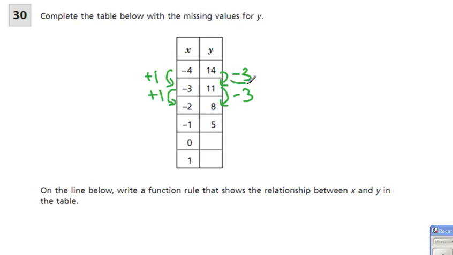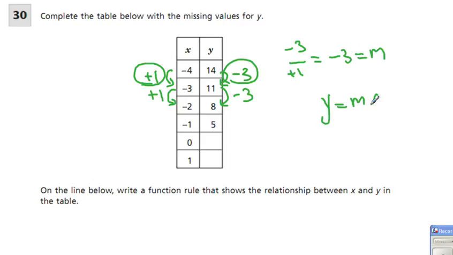Then slope simply becomes change of y over change of x, meaning negative 3 over positive 1, which is equal to negative 3. That is the slope in y equals mx plus b format. See? So this negative 3 will go into the place of m.